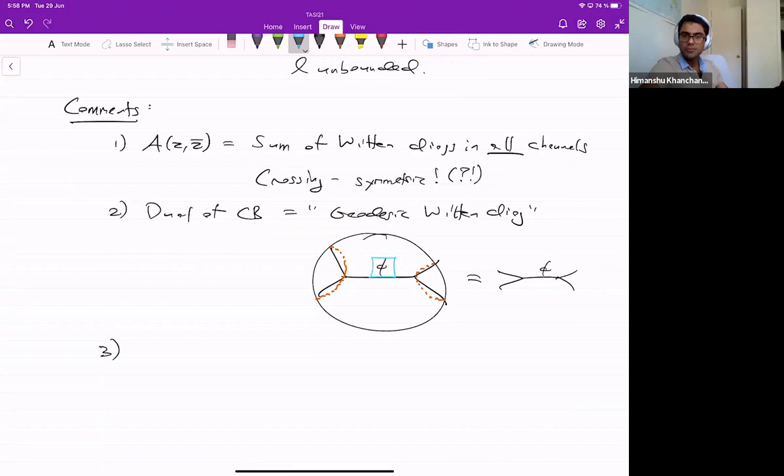Can I get double trace blocks from this construction as well? Double twist blocks. Like this will give me a single trace block. Well, it doesn't matter how you think of this intermediate operator. It's just parameterized by some quantum numbers and away you go. For double twists, the answer is yes.